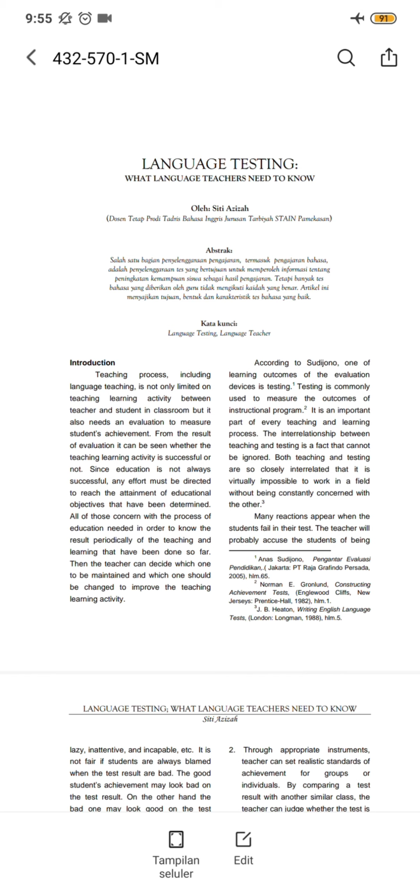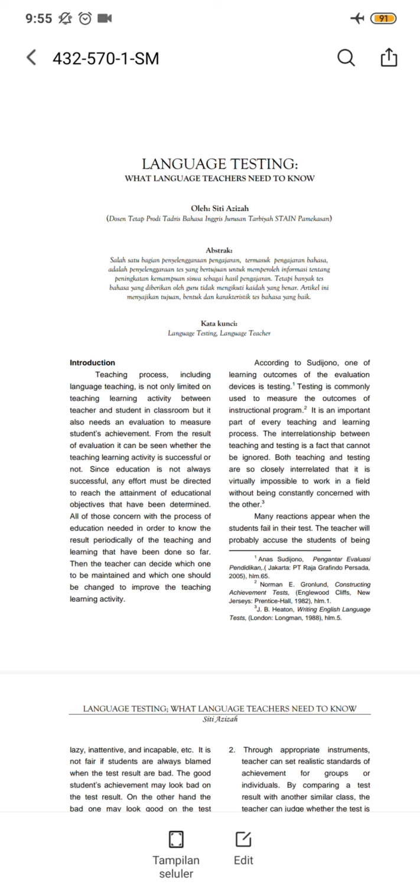Teaching process, including language teaching, is not only limited to teaching and learning activity between teacher and student in the classroom, but it also needs an evaluation to measure students' achievement. From the result of evaluation, it can be seen whether the teaching learning activity is successful or not.